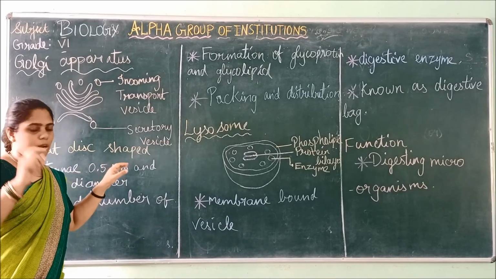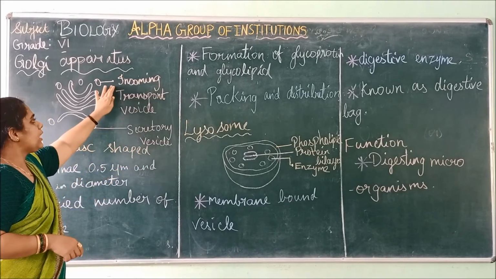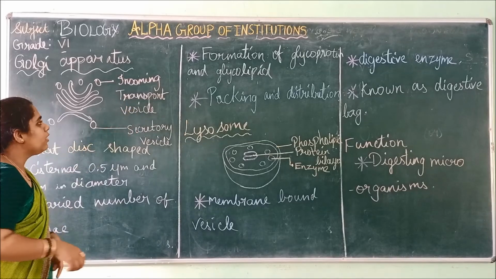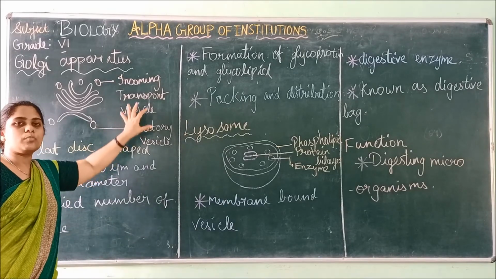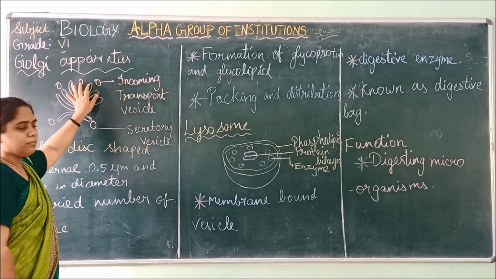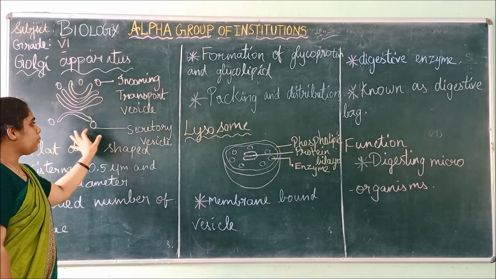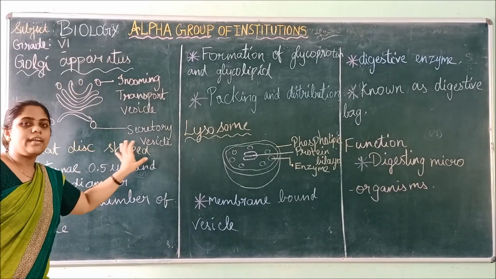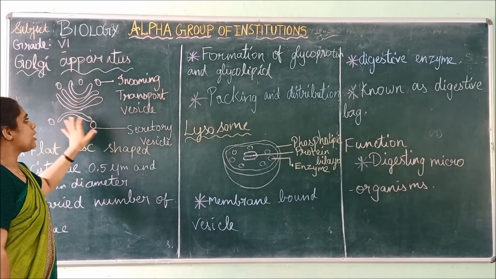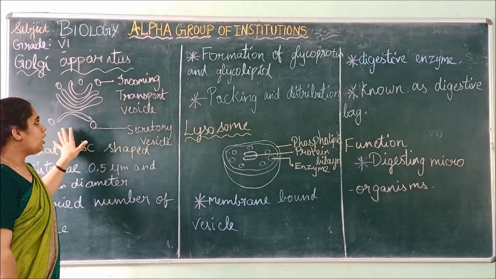Secretory vesicle means round. This is the incoming transport vesicle. The element that has to be transported will come here, and after that it will be transported as secretory vesicle.